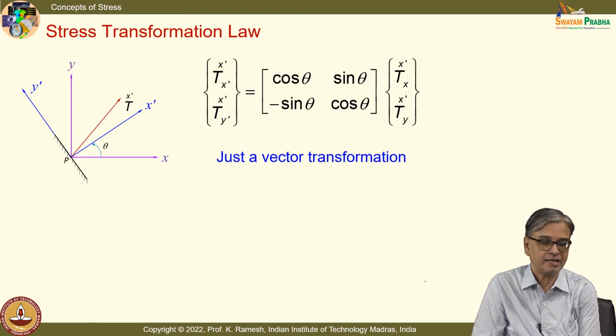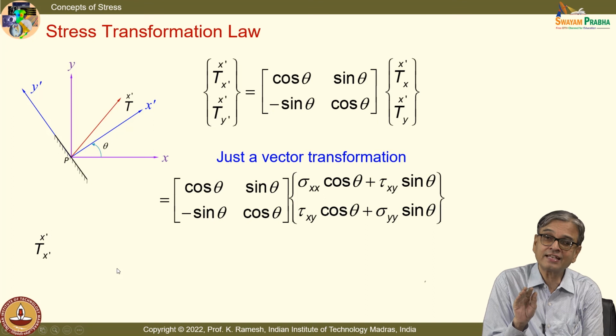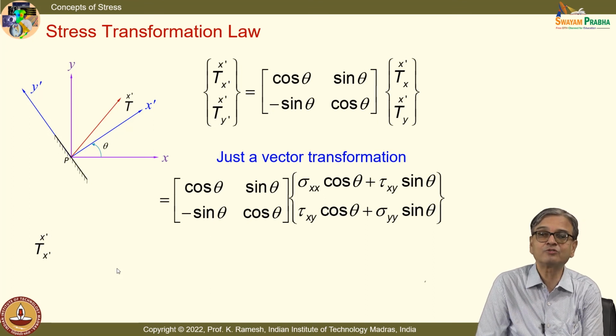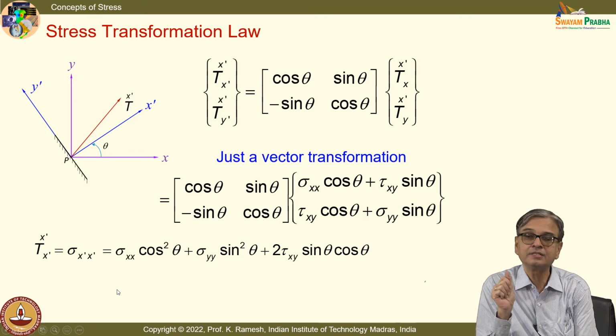This can be expanded and we have the Tx prime x, Tx prime y, we have seen it in the last slide. And when I multiply it, I get Tx prime x prime is nothing but sigma x prime x prime. That's what you have to interpret. So sigma x prime, I get this as sigma x cos squared theta plus sigma y sin squared theta plus 2 tau xy sin theta cos theta.